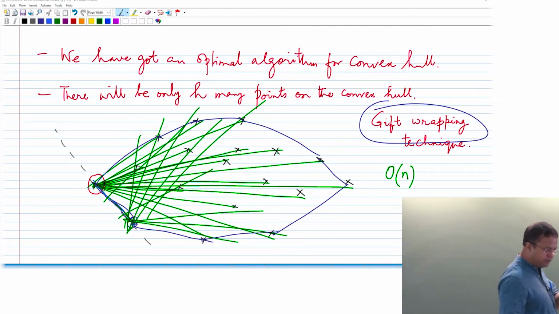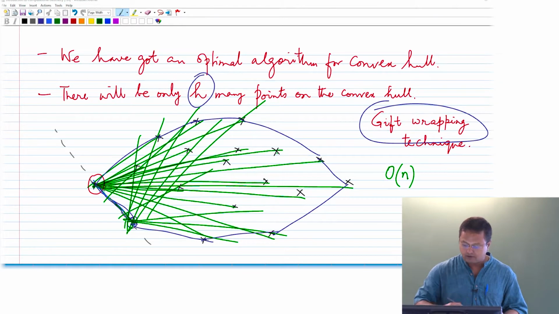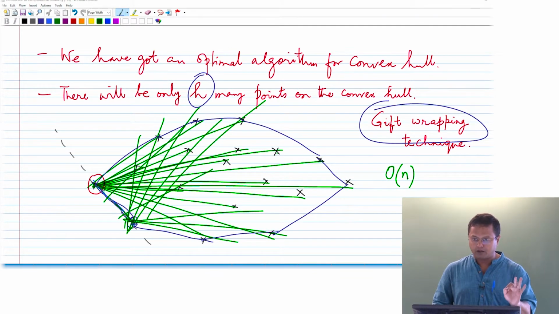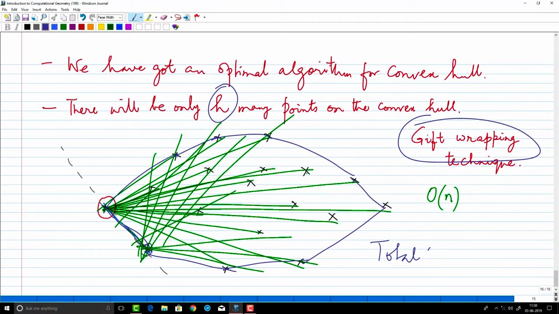So, at how many points did you do the computation? Per point how many computations? N. So, total is order NH, right.